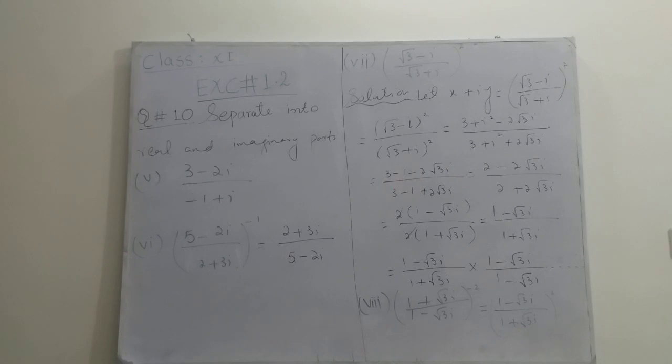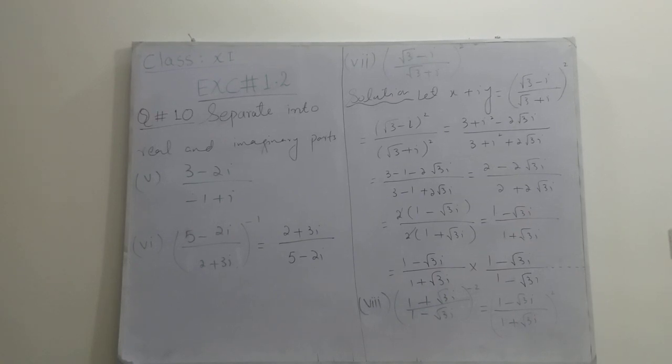Then when we solve it, we will get (2 minus 2 square root 3 iota) divided by (2 plus 2 square root 3 iota). Taking 2 common from numerator and denominator, finally we will get (1 minus square root 3 iota) divided by (1 plus square root 3 iota).